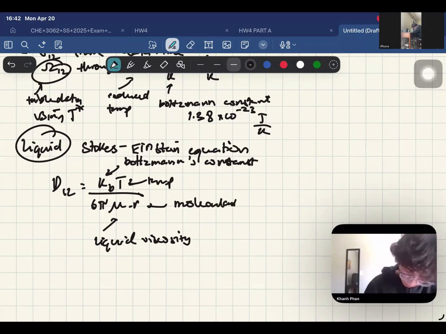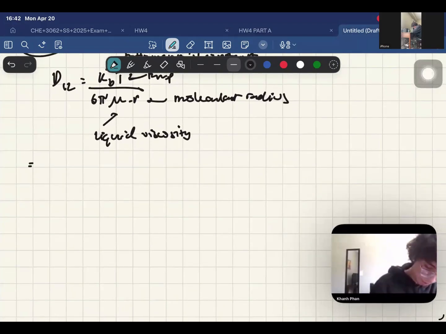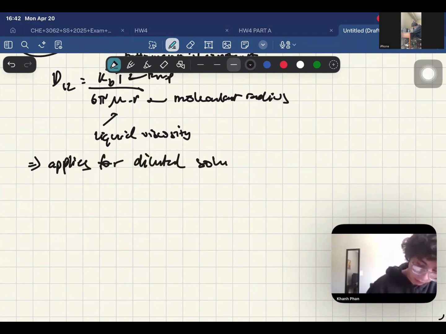However, this equation only applies for a dilute solution. So what about a concentrated solution? How do we find it?